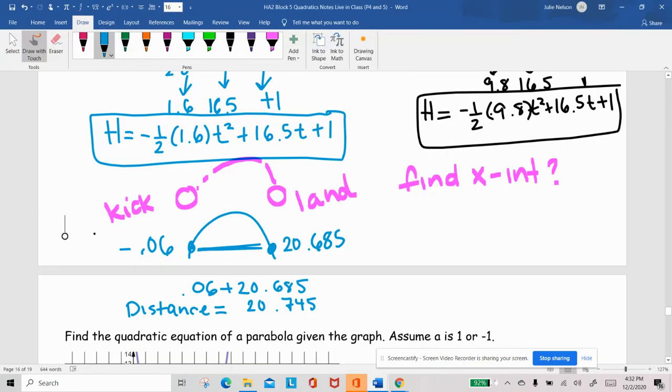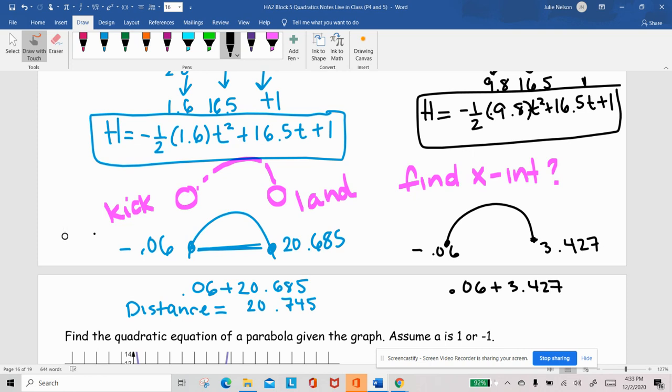So let's put that down on paper: negative 0.06 and 3.427. If I wanted to find the distance, I would add those numbers up. Using my calculator again, I get approximately 3.487.